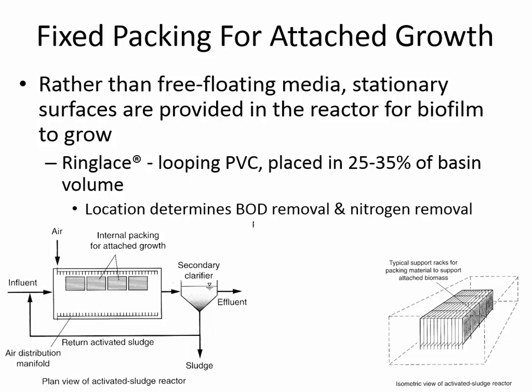Exactly. Remember, in the fixed film, there might be 10 millimeters of bacteria. Only the outside part is in contact with oxygen, and so the bacteria on the interior are anaerobic. They're still in contact with substrate, and so the nitrogen can diffuse through that slime layer, but oxygen doesn't make it all the way into the slime layer.